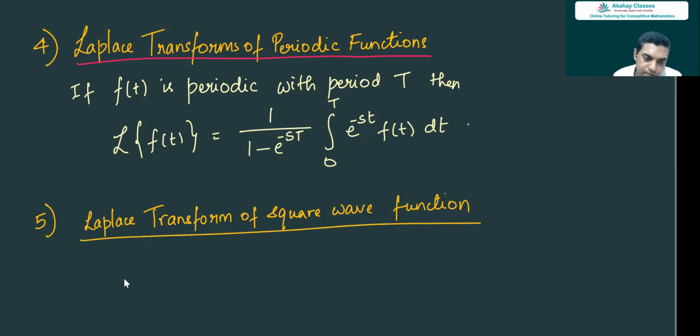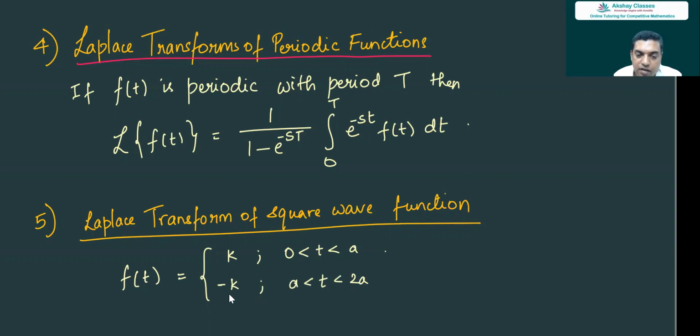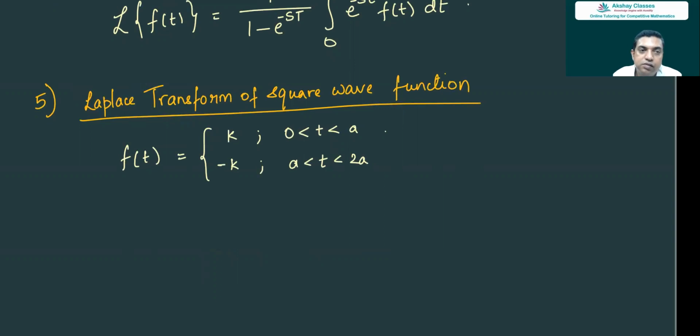Now f of t is defined as k for t lying between 0 to a, and it is minus k when t lies between a and 2a, and f of t plus 2a is equal to f of t.